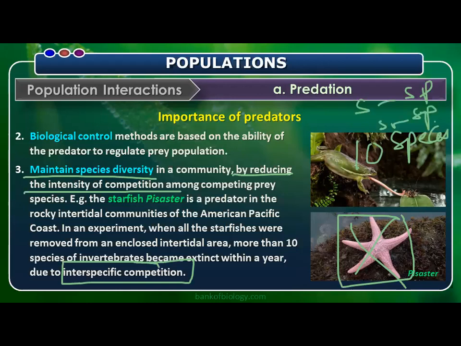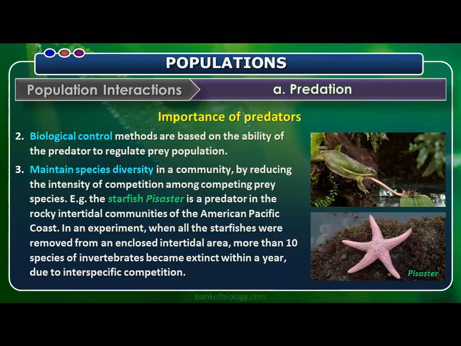They are all prey of Pisaster. So when Pisaster is removed, these species compete among themselves, interspecific competition, and in that competition they all become extinct. That shows that the predator maintains species diversity. In favor of the predator, we are framing all these statements.